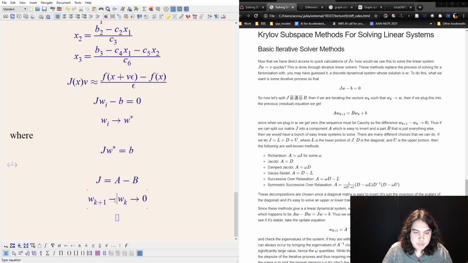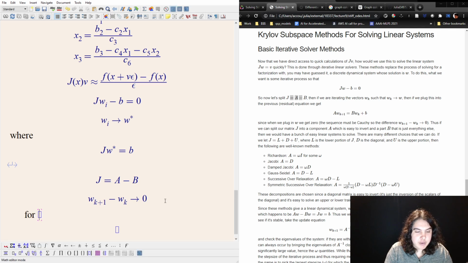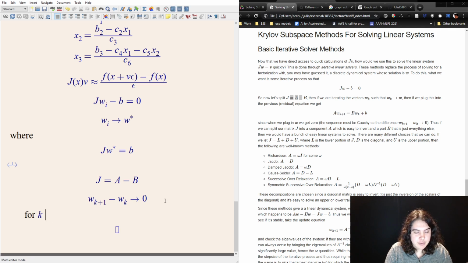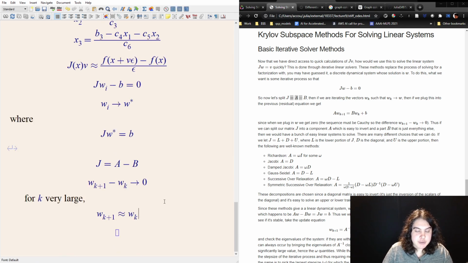What this means is that for k very large, we should have that w k plus 1 is approximately w k.